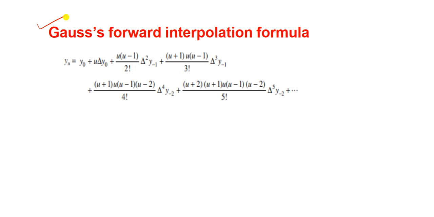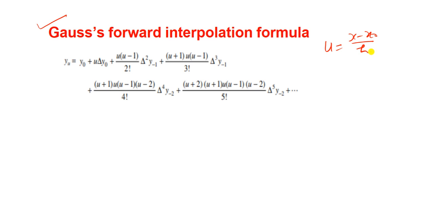When we apply the Gauss forward interpolation formula, first of all, with the help of the given tabulated data, compute the value of u, and u is equal to x minus x naught upon h.